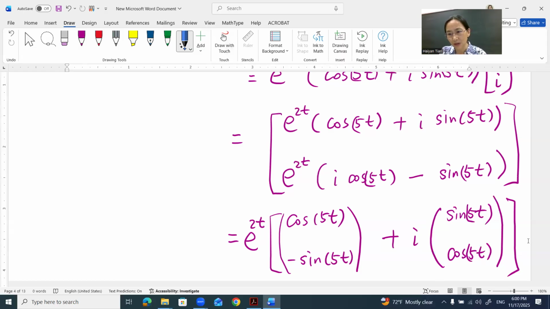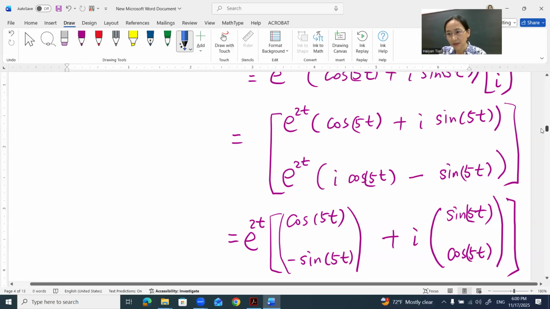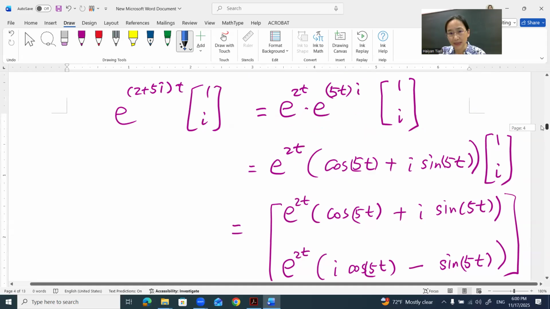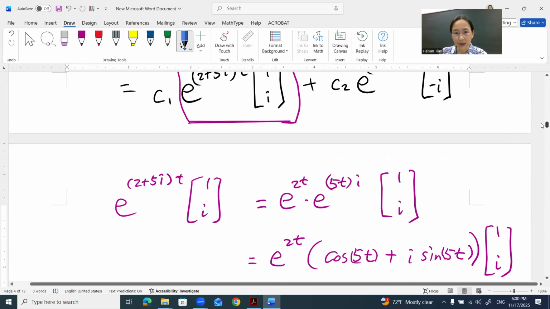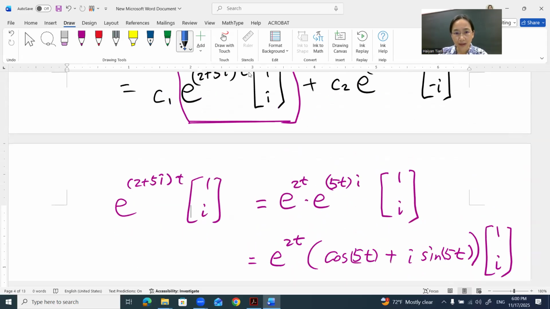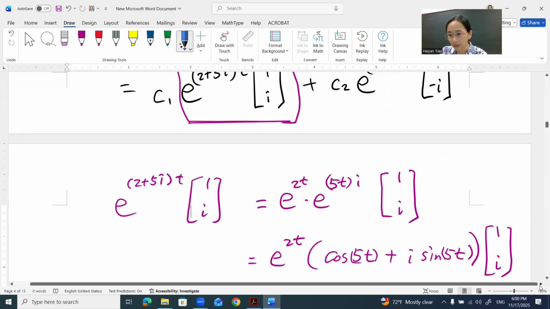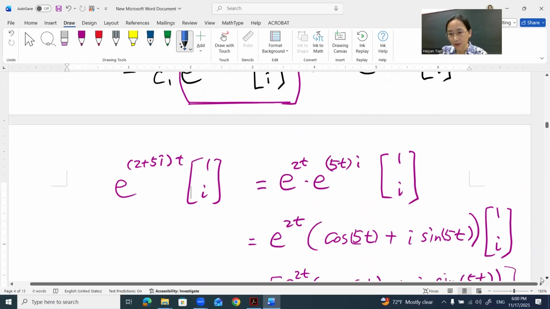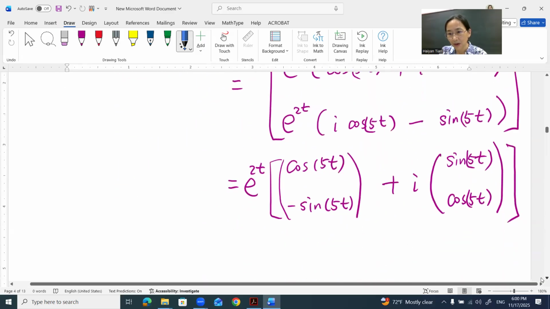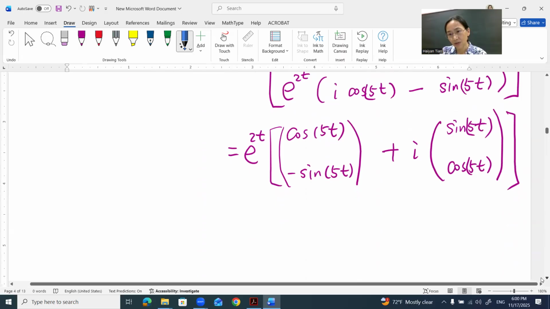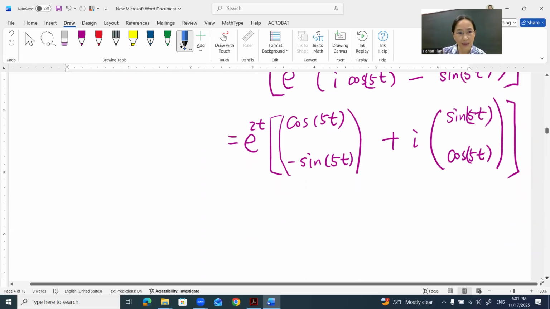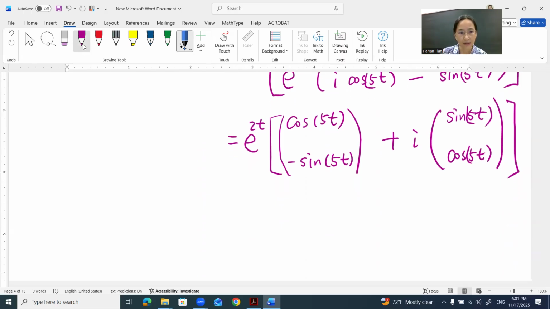For this complex valued solution, we can prove that for any complex valued solution of a homogeneous problem, its real part and its imaginary part are also solutions of the problem. So basically, we have found two solutions using this complex valued solution.